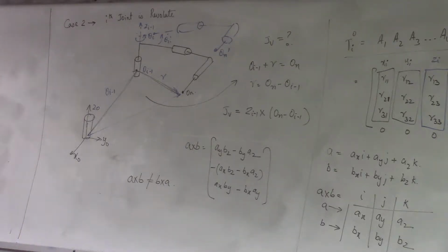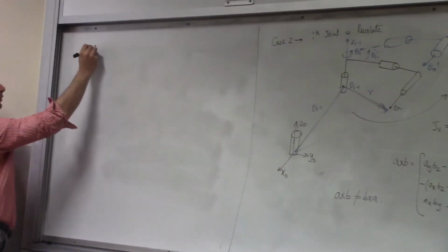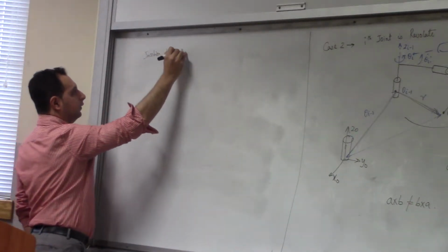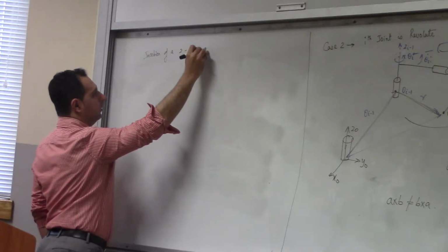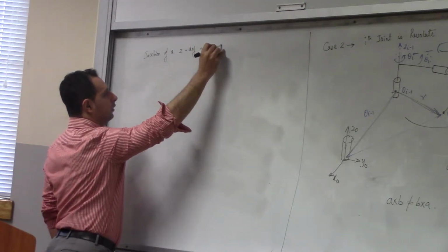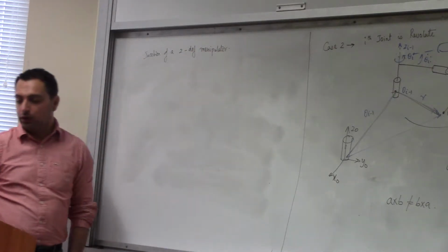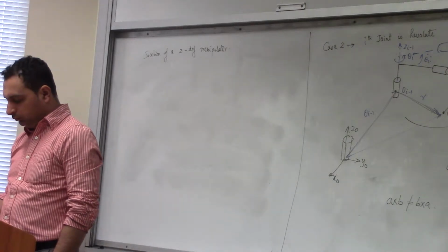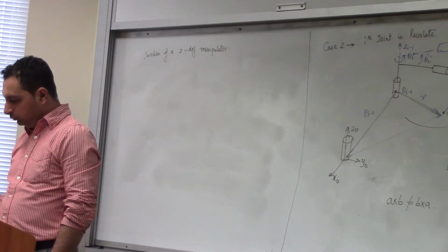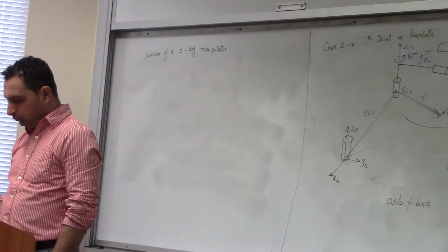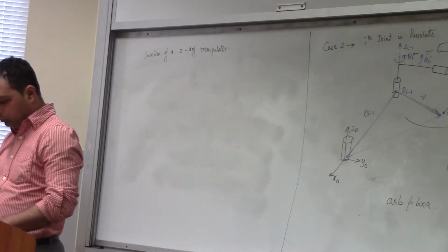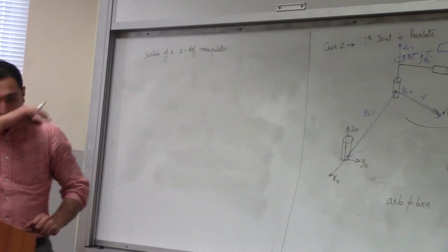Okay, so you have a Jacobian of a 2 degree of freedom manipulator.